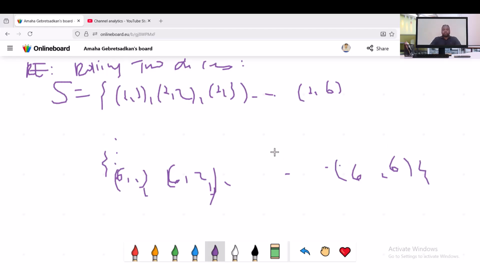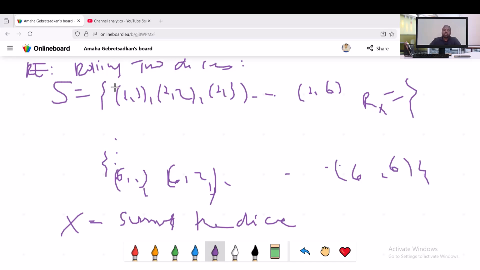So given this, we are not interested in these actual outcomes, right? Our interest is in the newly defined random variable, which is x, the sum of the dice, right? We are not interested in the pairs of the dice, but in their sum. What's the range space of x now? The range space of x is all about the sum.